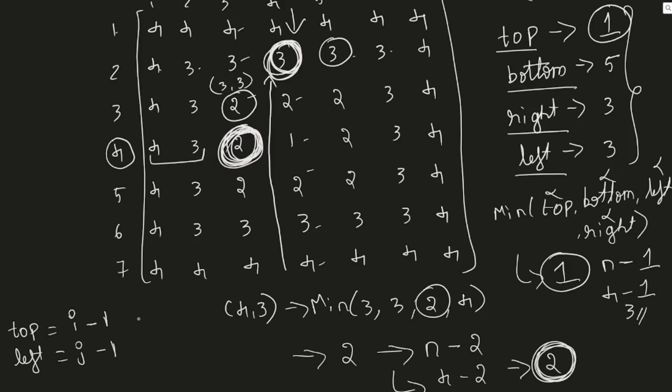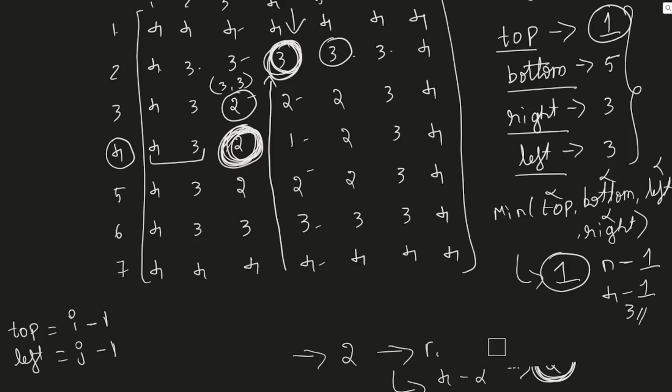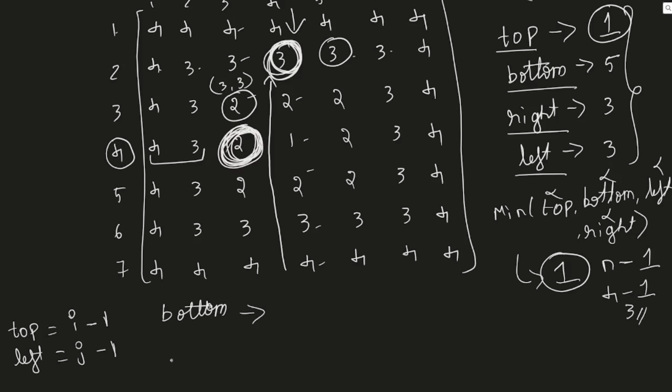We need a value for bottom and right. How can we get the distance from bottom for a particular index?